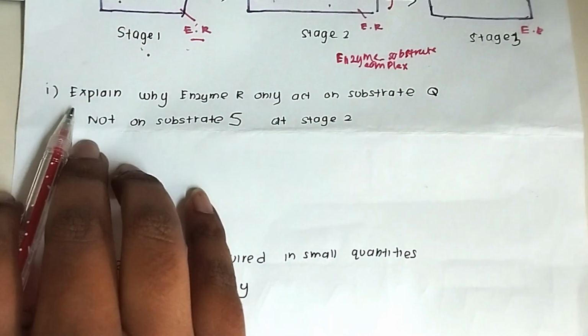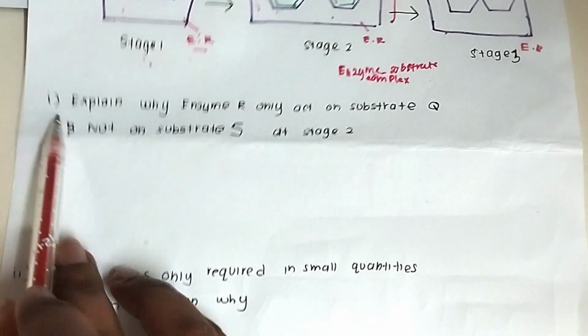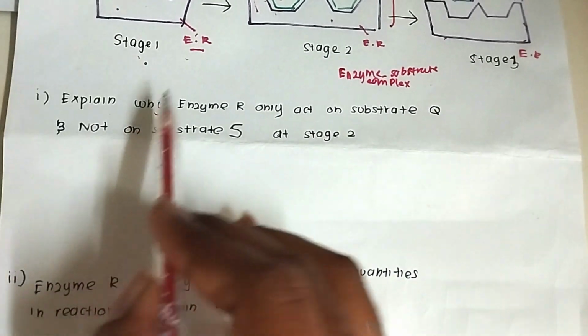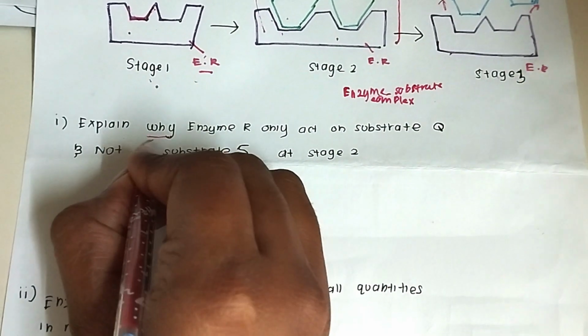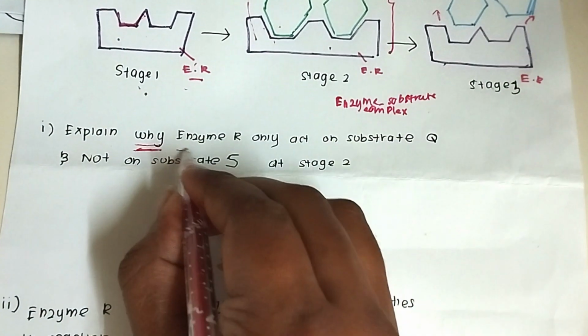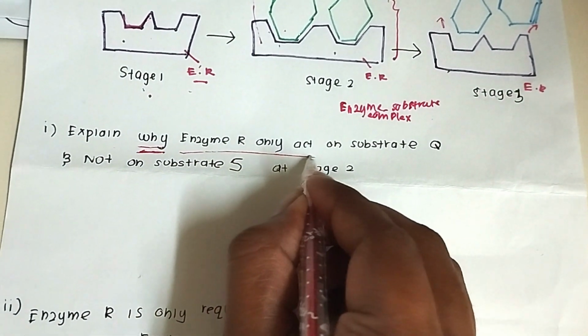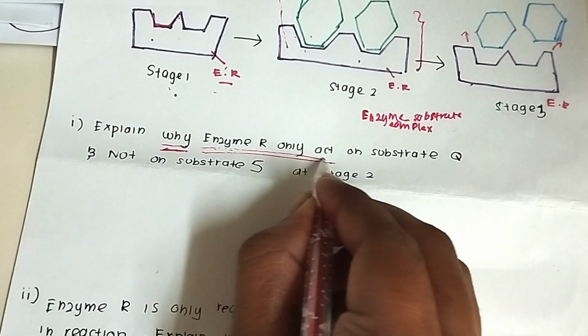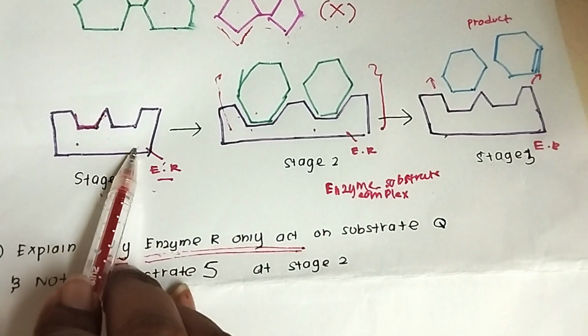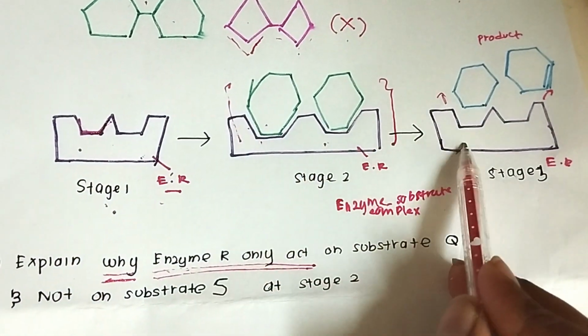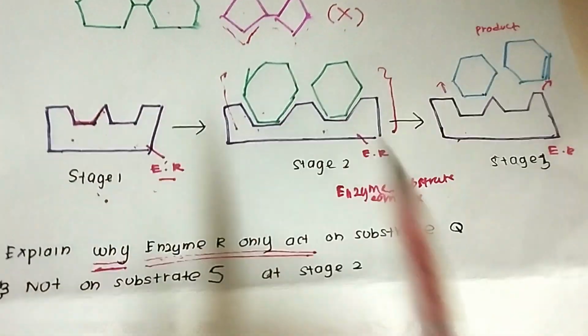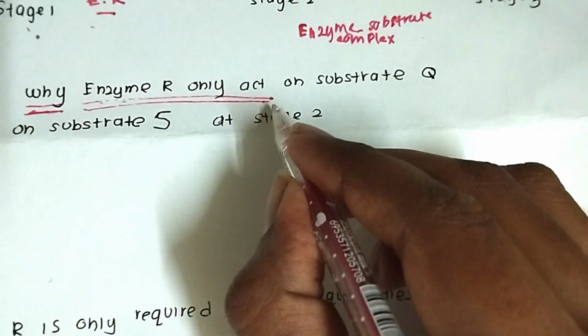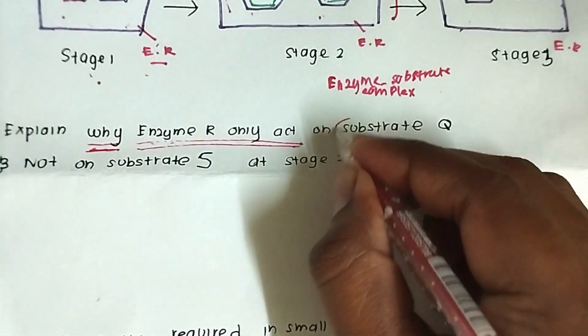For question 1, explain why. So our keyword is why. Enzyme R only, so we're talking about enzyme R. Where is our enzyme R? This is our enzyme R, the purple color one. It only acts on substrate Q. So which is our substrate Q?